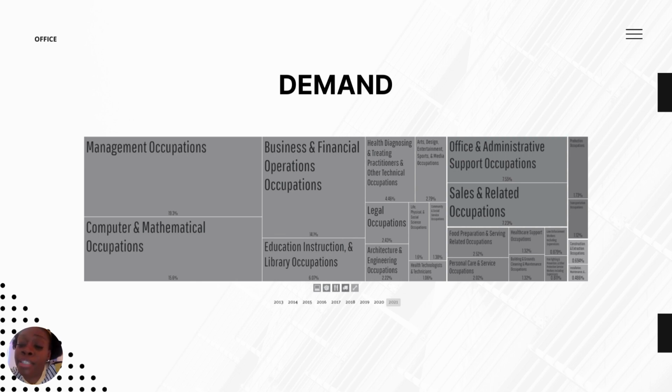A lot of the employment that was decreasing was in management occupations, computer and mathematical occupations, and business and financial occupations. But what was increasing from this research was social, physical, healthcare diagnosis, and healthcare support, which is actually good for healthcare and office demand.